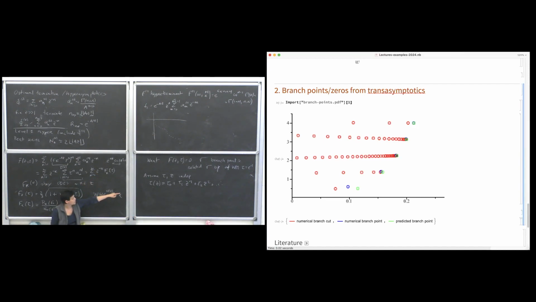So if I assume that, I can expand these fk's in z. I'm ignoring that I know what tau is. At the moment, I'm just looking at this expression.